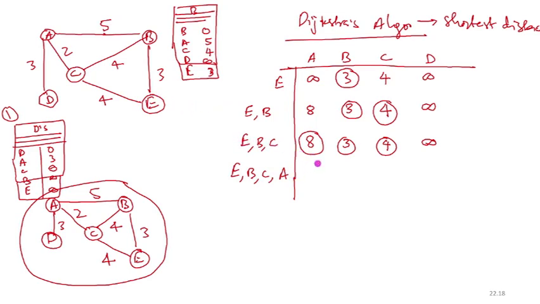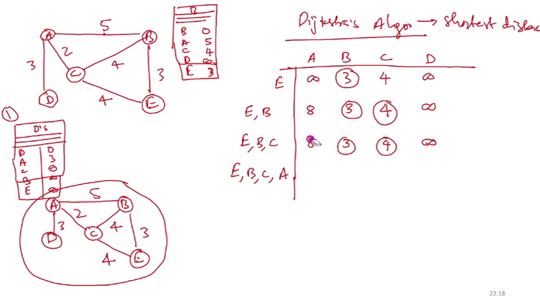Okay, one mistake that we have made here initially. Once we have considered E to C, we have reached E to C with a value 4. Then from C to A, if we are going, it is taking 4 plus 2, that is 6 as the weightage, but here 8 was given.